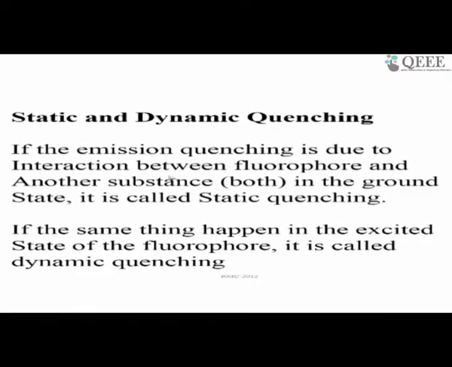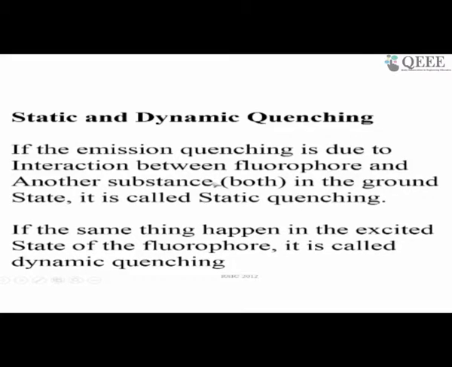We also said yesterday that there are two different types of quenching. One is called static quenching, another one is called dynamic quenching. As the words direct, static is a phenomena that is happening in the ground state, and dynamic is a phenomena that is happening in the excited state.